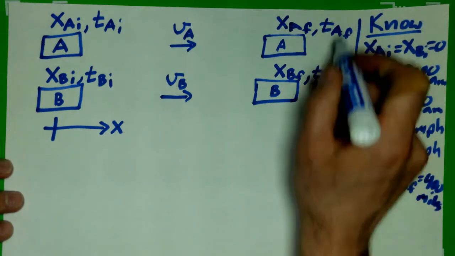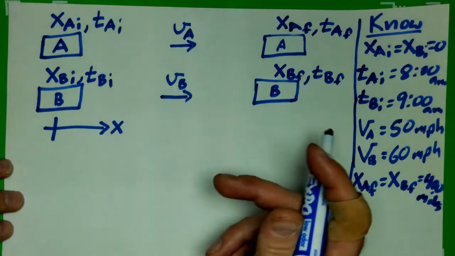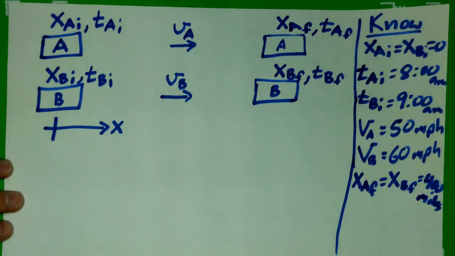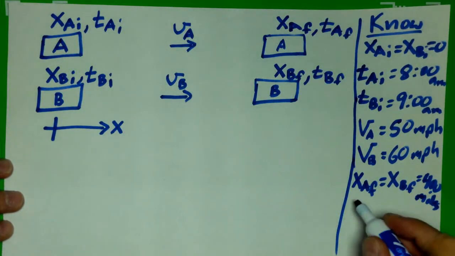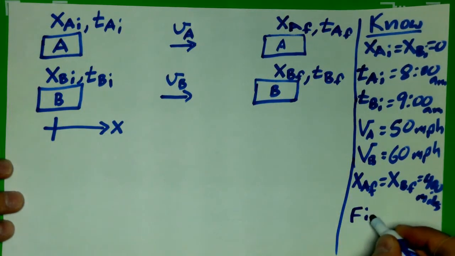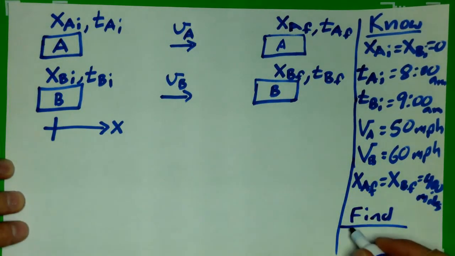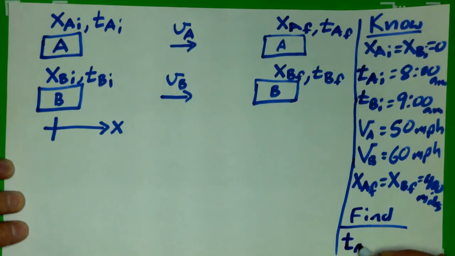We don't know these final times. We're trying to figure out what they are. Which one is an earlier time? Okay, so that's what we know. So let's go ahead and write, we're trying to find T_A final and T_B final. That's our question. What are those two values?